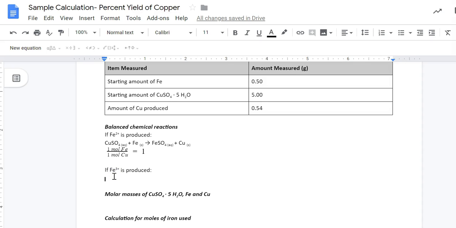Alright, I'm going to do the same thing now for my second reaction. I'm going to start with my balanced chemical reaction.